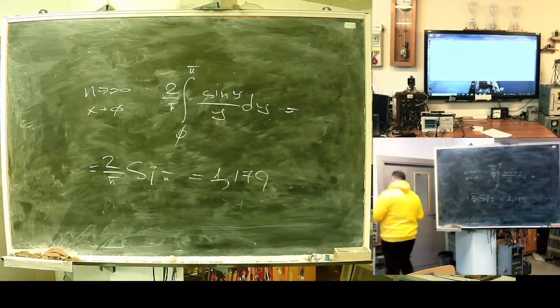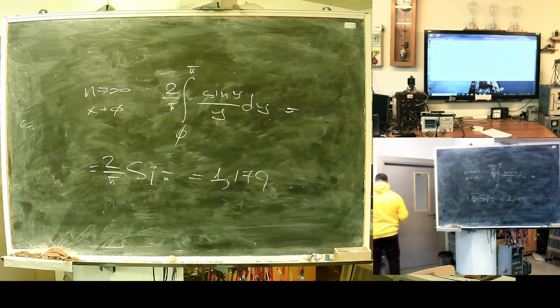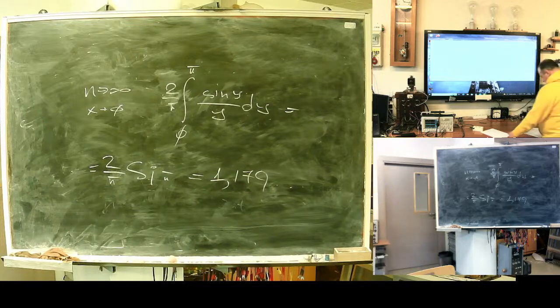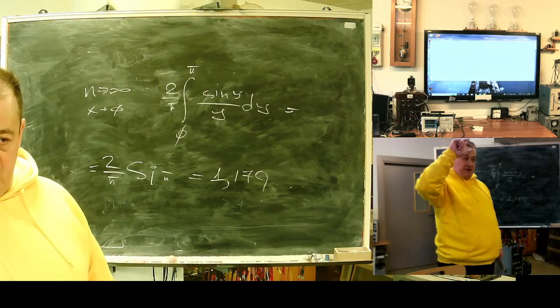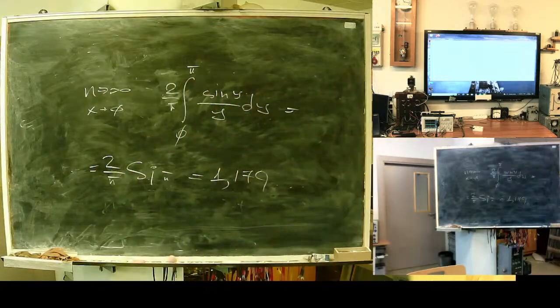What does this mean? This means that the maximum possible difference between the signal and its Fourier series is 18%.